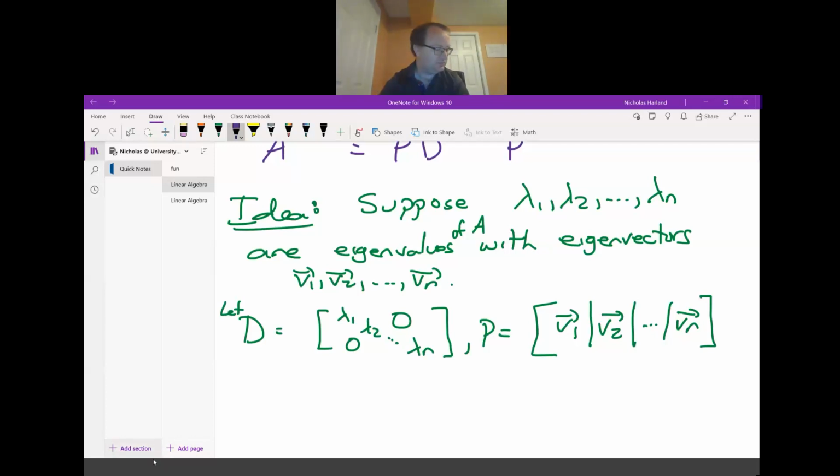So, let's multiply this out. And so I'm not actually going to multiply PDP inverse because this is P, but we have no idea what P inverse looks like. So I'm not going to write it like that. What we are going to write is, what is A times P?